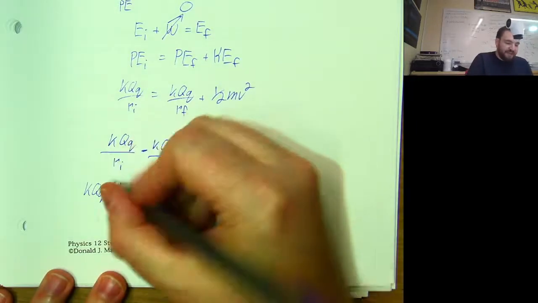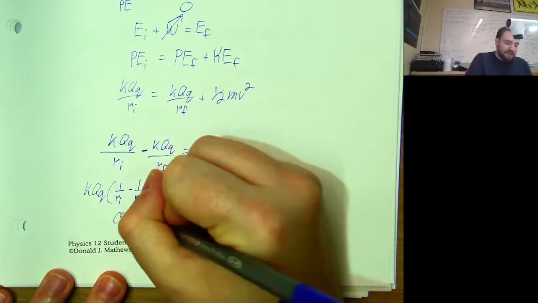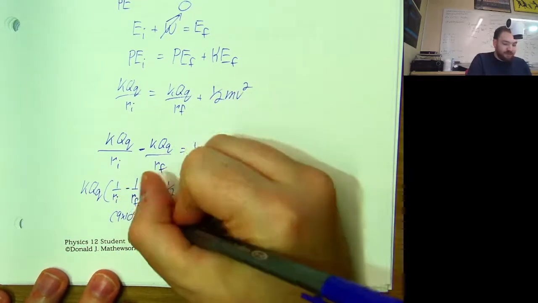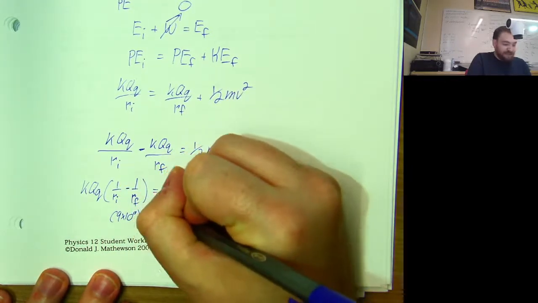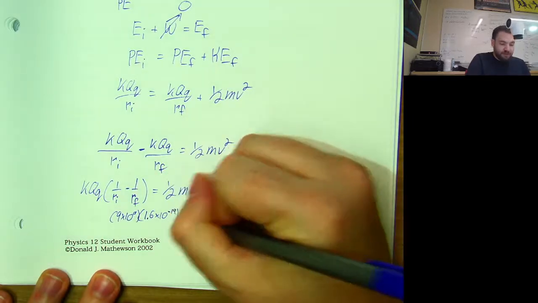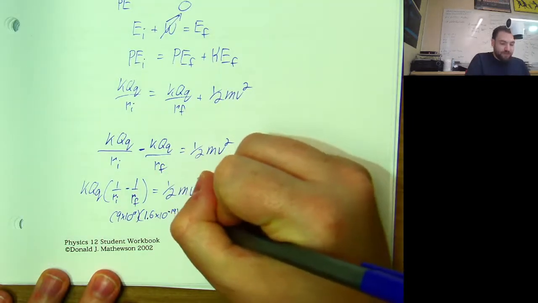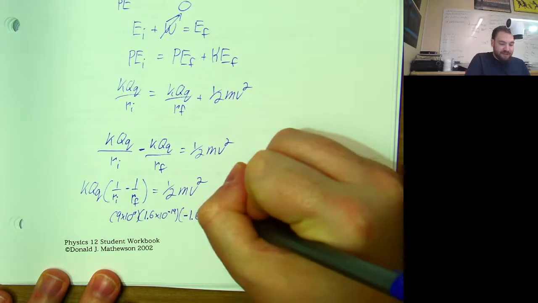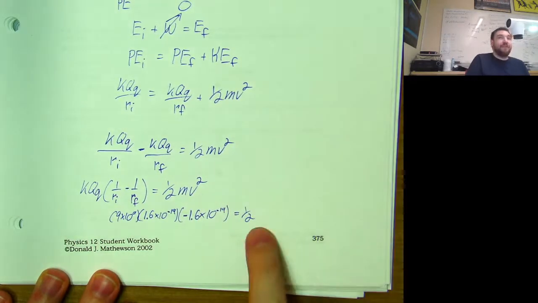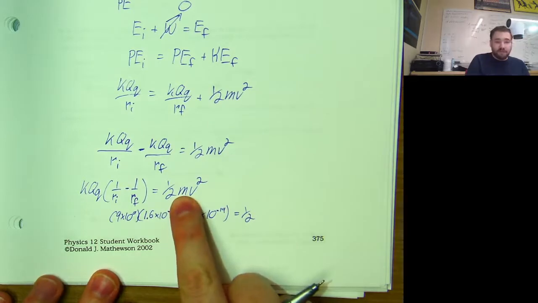So now we can fill this thing in. 9 times 10 to the 9. The charge on a proton is positive 1.6 times 10 to the negative 19. I include the sign, which I don't have to because it's positive, but I include the signs because I'm dealing with energy. So my electron is going to be negative 1.6 times 10 to the negative 19. And this is going to equal 1/2. The mass that I'm going to use is the mass of what object?